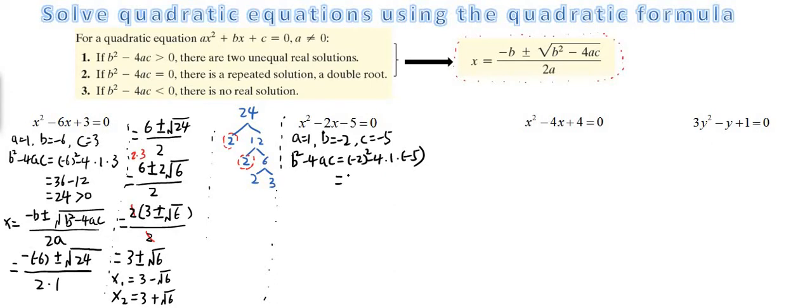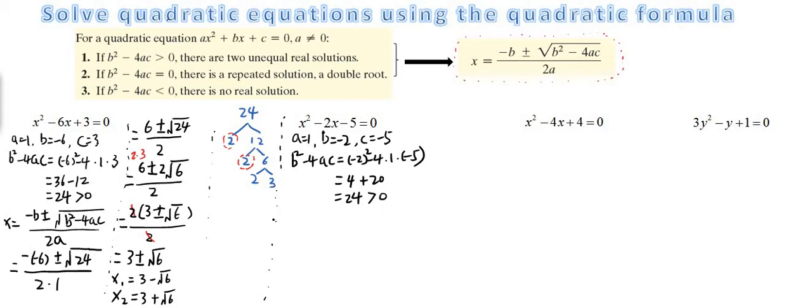So we have 4, negative 4 times 5 is 20, that equals 24. Okay, that is greater than 0. Now that means we have 2 different solutions because it satisfies the first scenario.